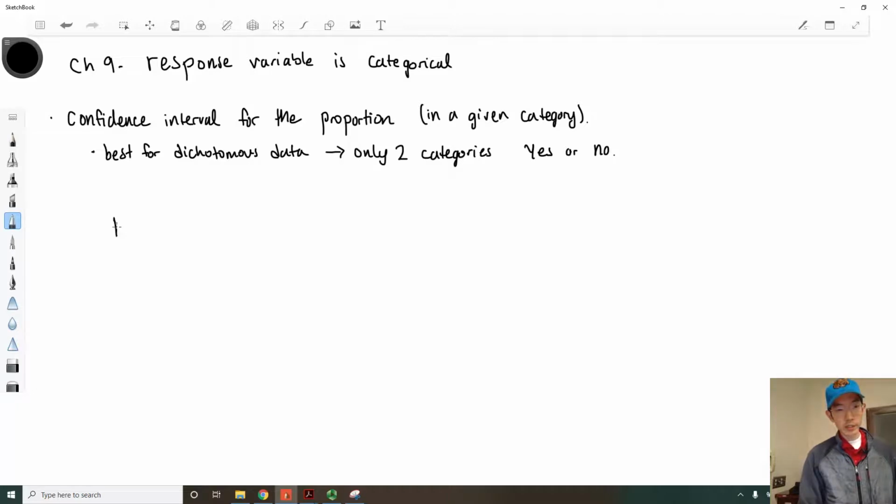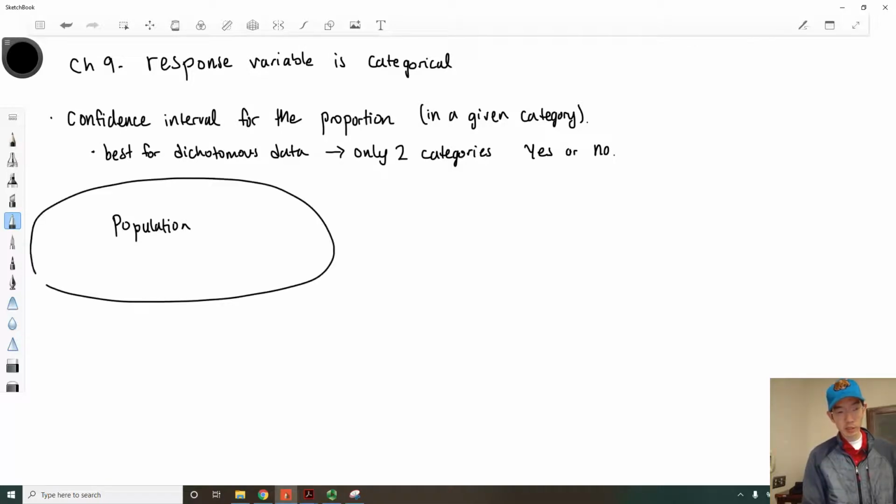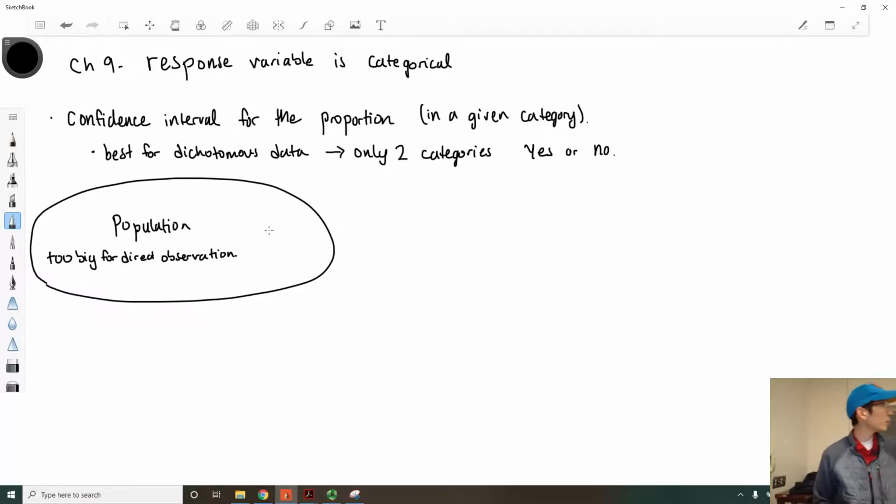And again, the general picture is you've got some big population, and the population is too big for direct observation. But in the population, some proportion P belong to a certain category.